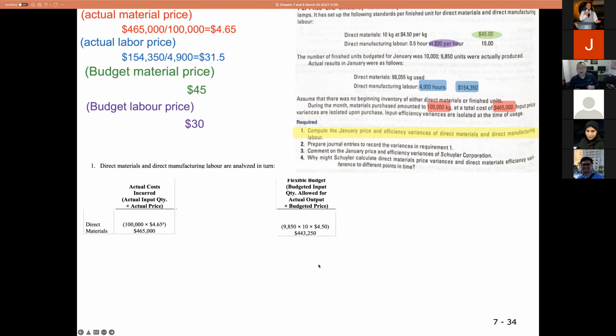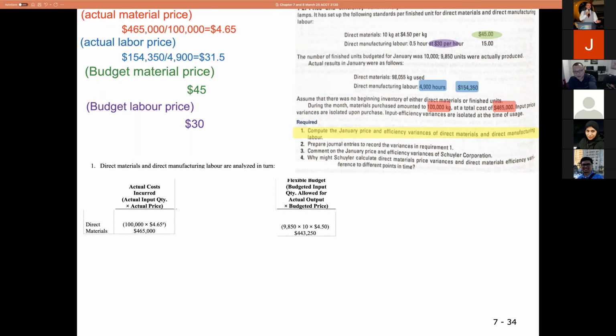Okay. And now I need to know the middle number. Tell me, how do I calculate the middle one? Actual input quantity times the budget price. That's the method. So here is very interesting.